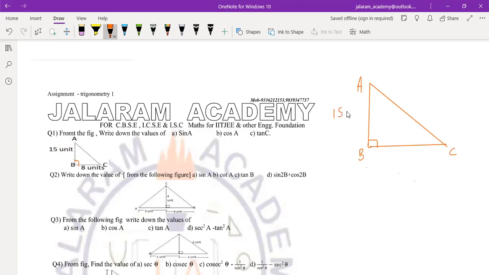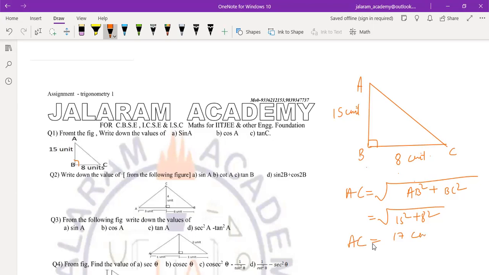Side AB is 15 units, side BC is 8 units, side AC is unknown. So first of all, using Pythagoras theorem, find side AC, which is square root of AB square plus BC square, that is 15 square plus 8 square, and as it is the Pythagorean triplet, so AC equals, remember, 17 unit. And the side which is unknown, never write it at this place.